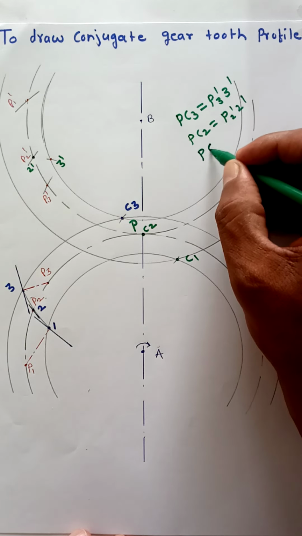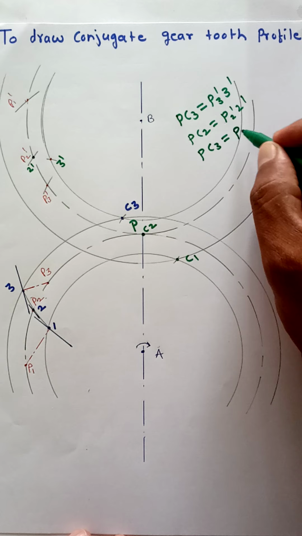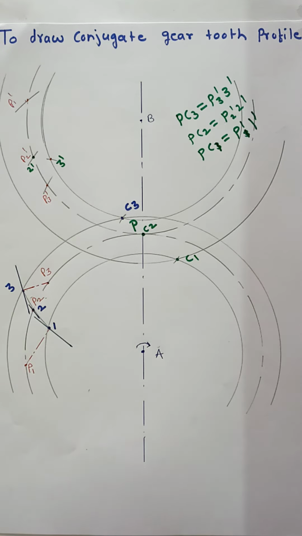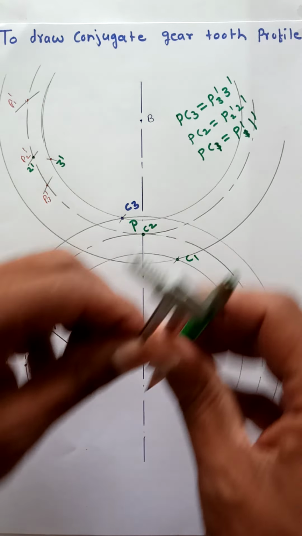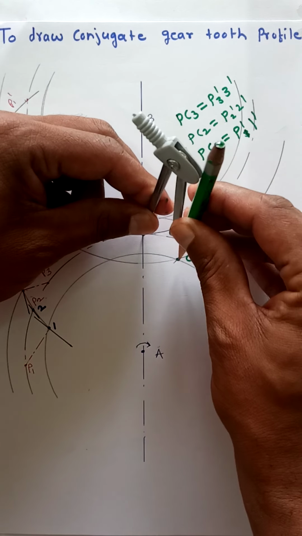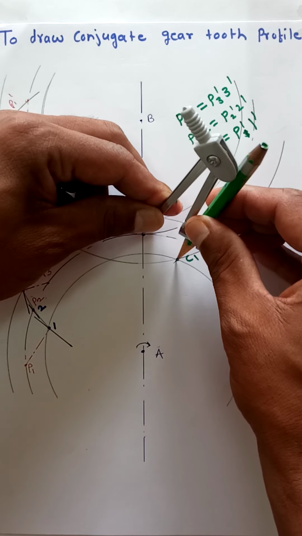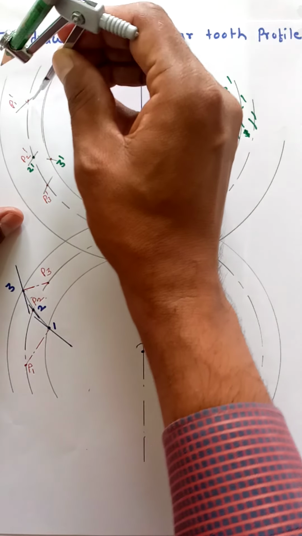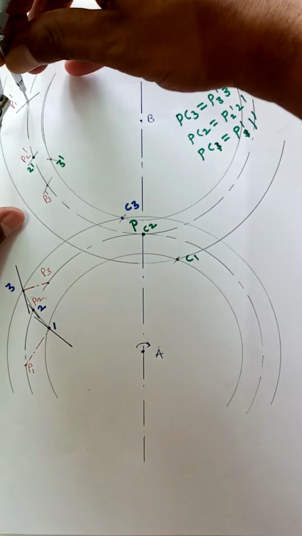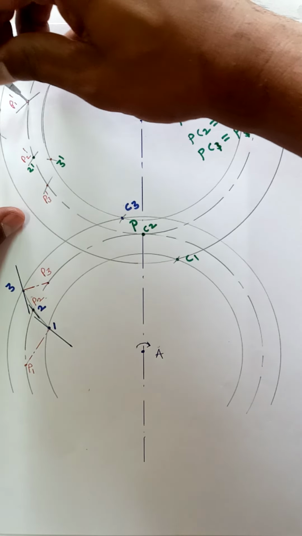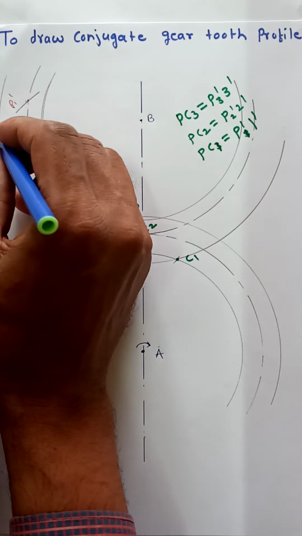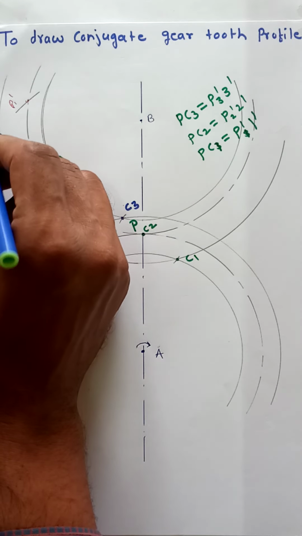Now the last one: PC1 will be equal to P1 dash 1 dash. So let us take the distance PC1, because 1 will come in contact with 1 dash at C1. This is equal to P1 dash 1 dash. So this is point 1 dash.